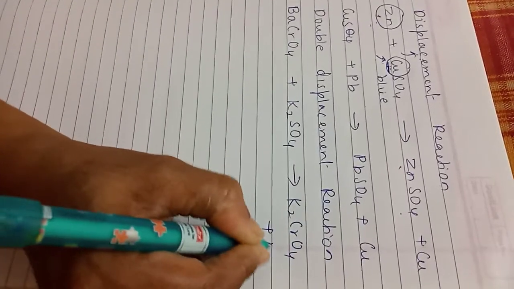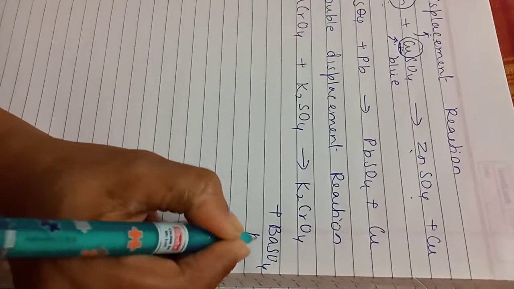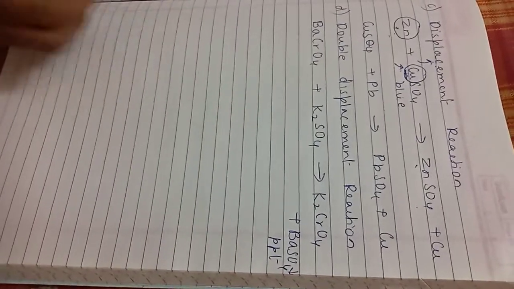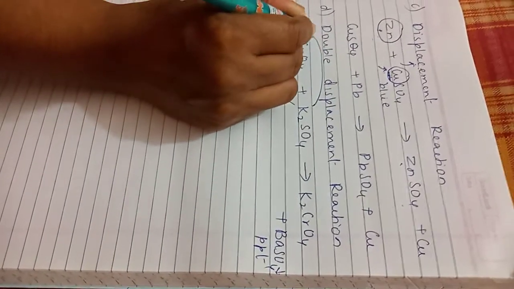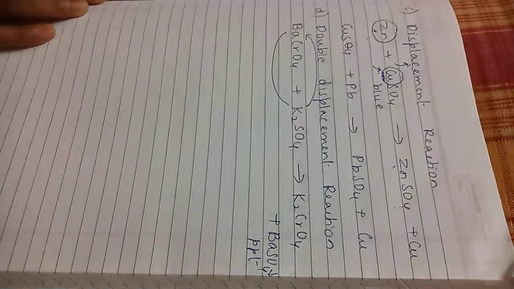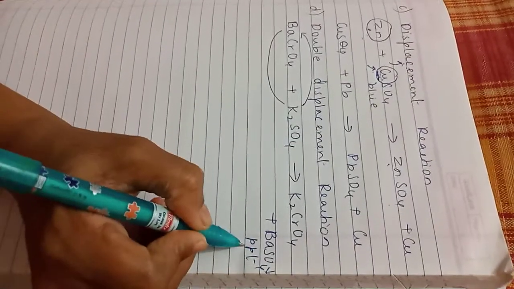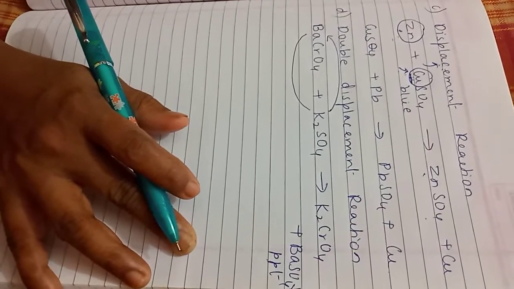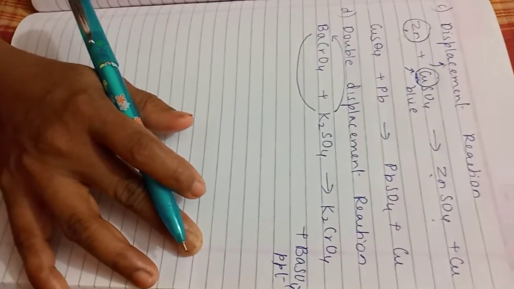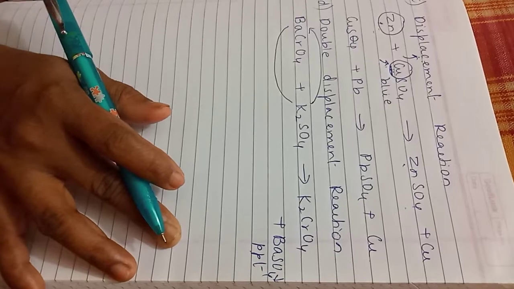K2CrO4 plus BaSO4. If you look here, precipitate of barium sulfate is formed. What happens here? The reaction in which there is exchange of ions between the reactants to form a precipitate is called as a double displacement reaction.